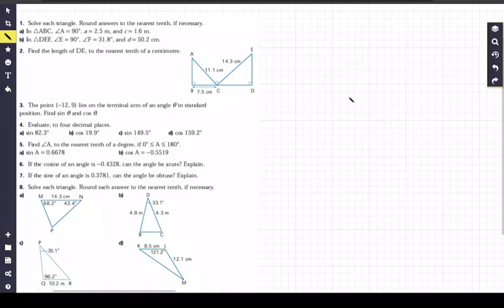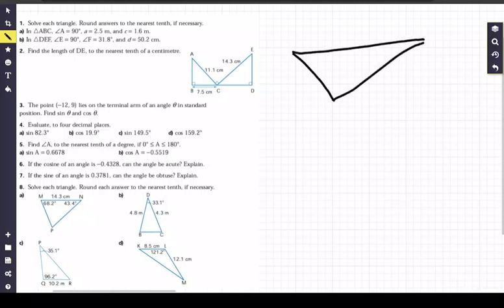Okay, so let's see. DE, how are we going to use this to find DE? What can we find here? This is 11.1. Unfortunately, even though we're given a lot of information, we have to draw another triangle.